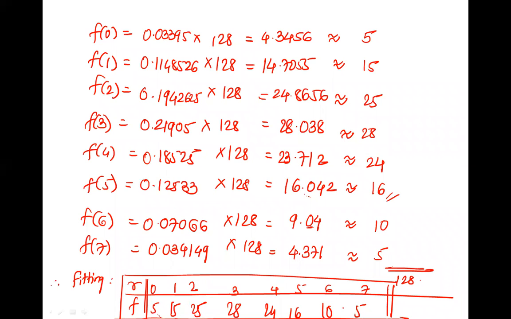Yes, this is the required fitting. Does this number change from the original? Yes. It was 7, 6, 19, 35. Much changes are there. And it is okay that 1 here or 1 there. Like if it is 16, you write 17, and if it is 10 you write 9. That much is accepted.